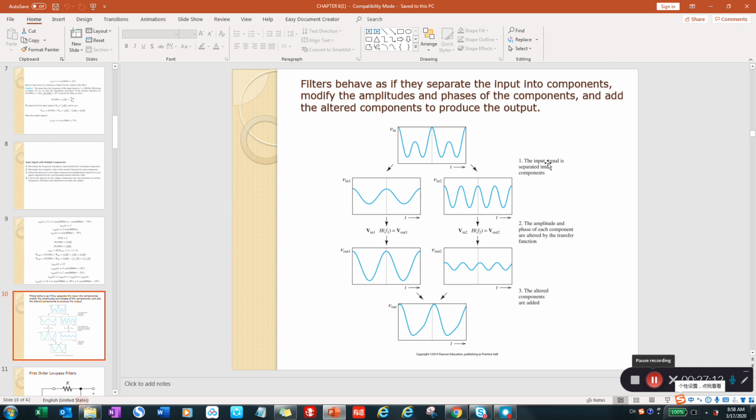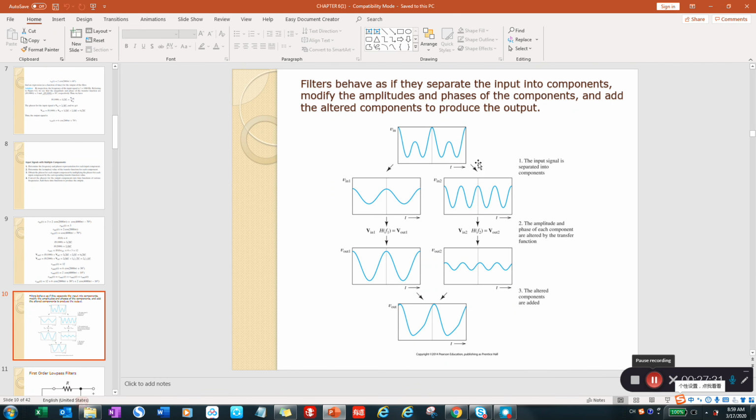This graph gave us an idea of what the filter will do to the signal. So here you can see if we have an original signal like this, in fact, we can separate this original signal into two signals.